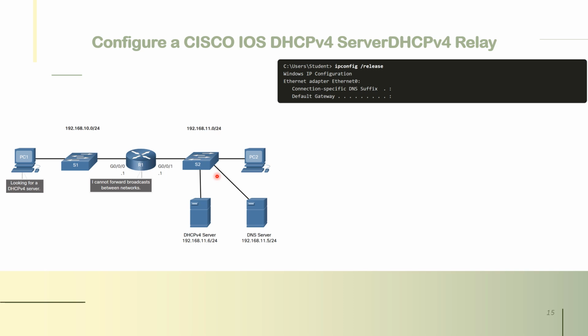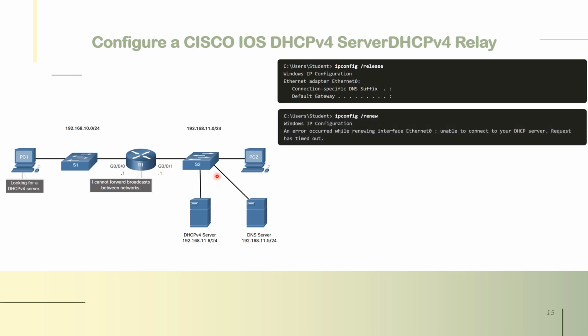And with this, you will see that all IPv4 addresses are released and there are no addresses shown. The next step is using the ipconfig renew, which means that the network administrator will attempt to renew the IPv4 addressing information with the ipconfig renew command.